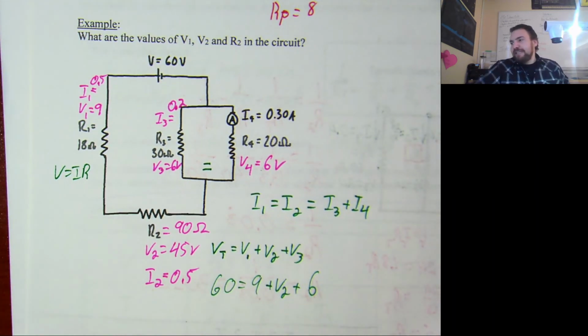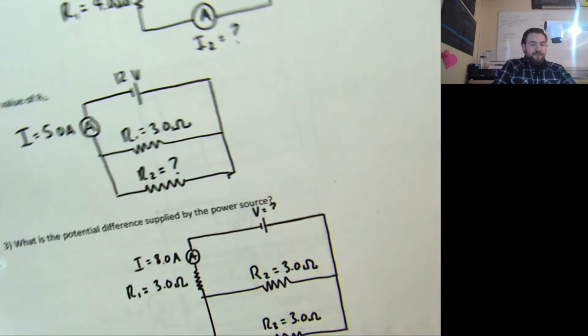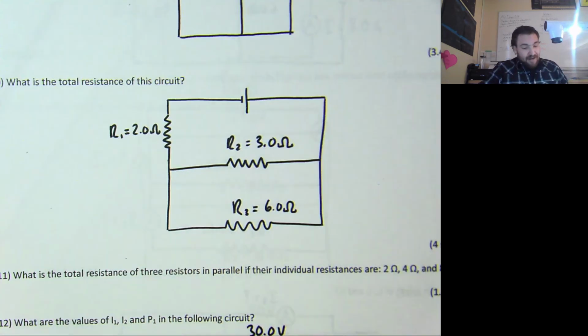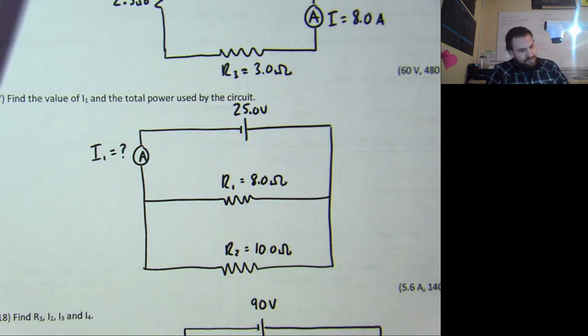I know there's only a little bit of time left, about 3 minutes. I'm going to assign a couple of circuits that I want you to play with tonight. On Monday, we're going to do a bunch more practice, because especially for those of you who didn't do this in grade 9, this can take a little while to wrap our heads around, and I have a lot of circuits available for us to practice with. There's 18 questions worth of circuits.